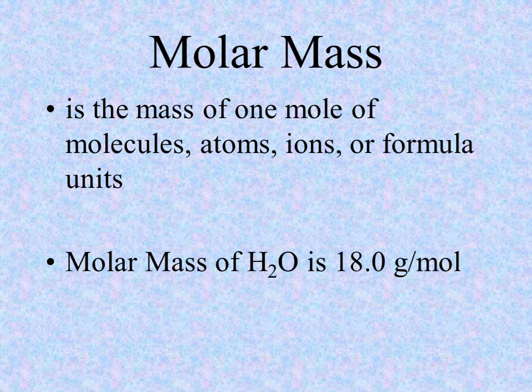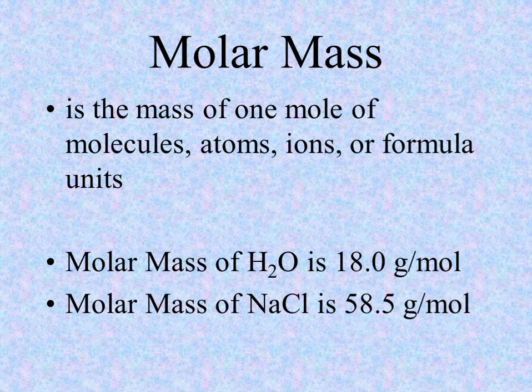For sodium chloride, sodium from the periodic table has a mass of 23.0. Chlorine has a mass of 35.5. One of each. When we add them up, we come up with a molar mass of 58.5 grams per mole.